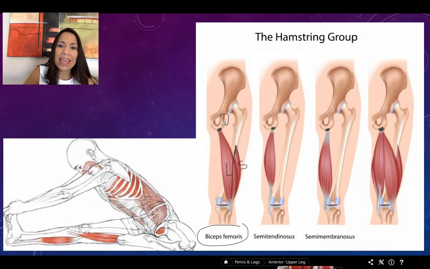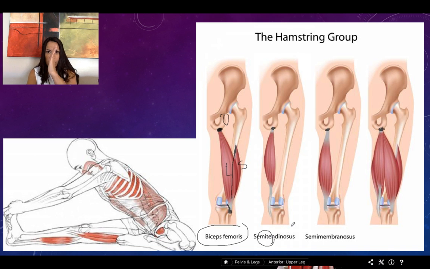Insertions. Biceps femoris, I told you, is a lateral muscle. So origins of the long head, ischial tuberosity, the short head, linea aspera and lateral supracondylar line. Insertions, look right here, in the head of the fibula and in the lateral condyle of the tibia. Look at the semitendinosus.